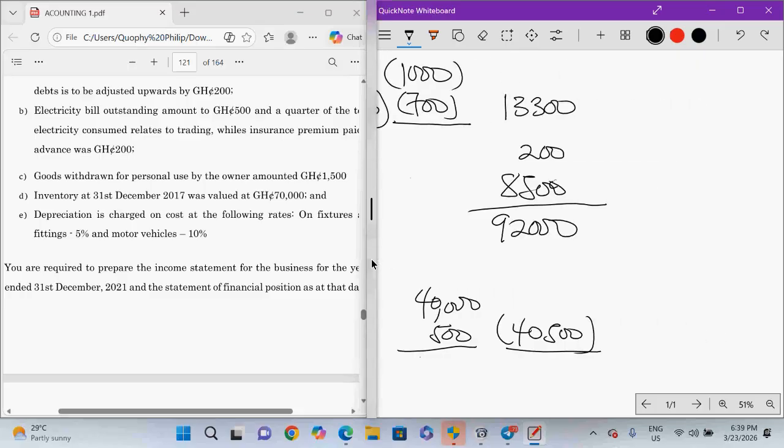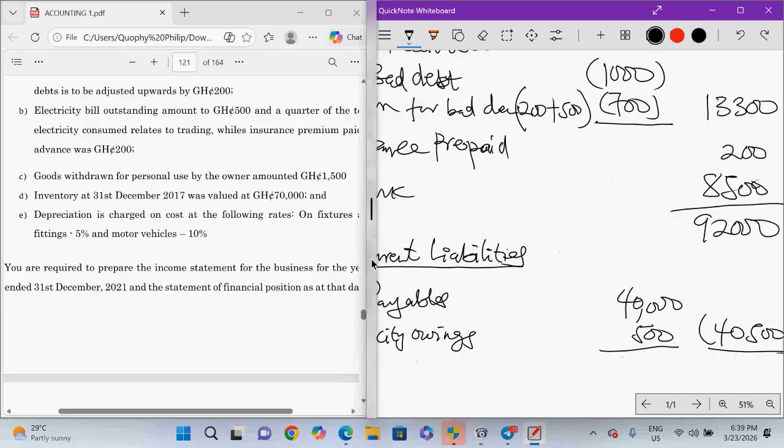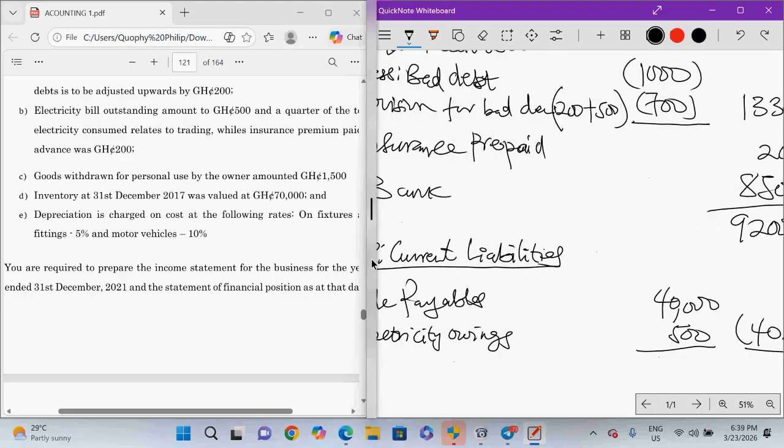Working capital. 51,500. Is it confirmed? Yes, confirmed.